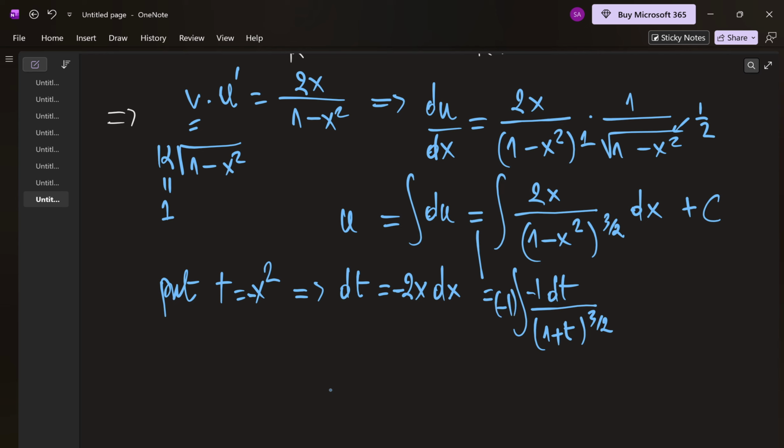You know why I did this? Because I have minus here and I didn't want to disturb you. So when you take this, it will become, so this is the power n. When you take the integration, what do you get?